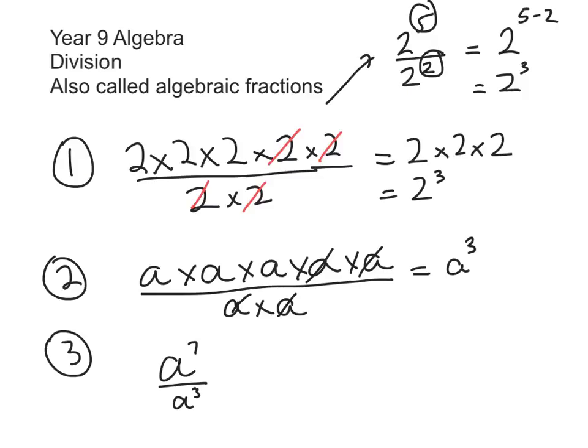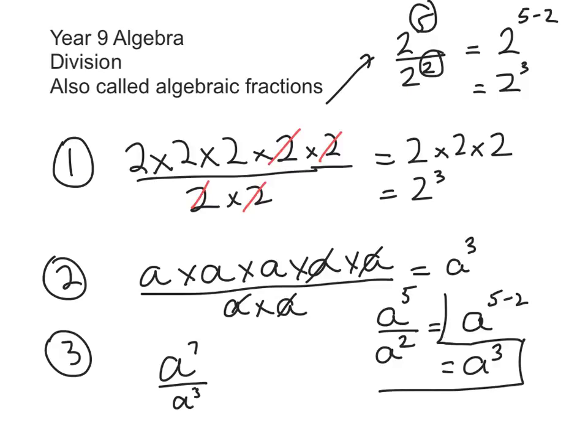Now we could have written number 2 like this, a to the power of 5 over a squared. And again, I've got the same base, so I end up doing this, a to the power of 5 minus 2, which is a cubed. So notice, big parallel between this one and this one. One's got 2 for the base and one's got a, but it doesn't matter.